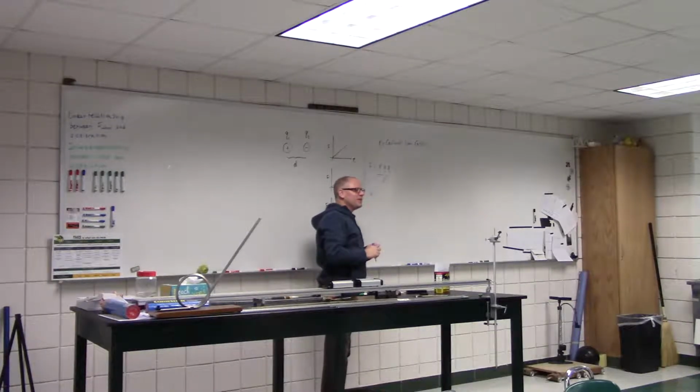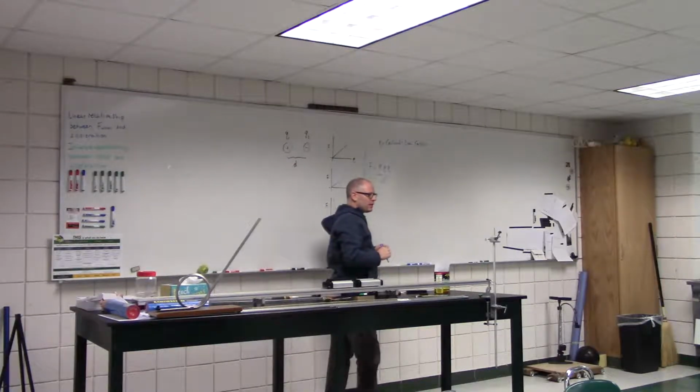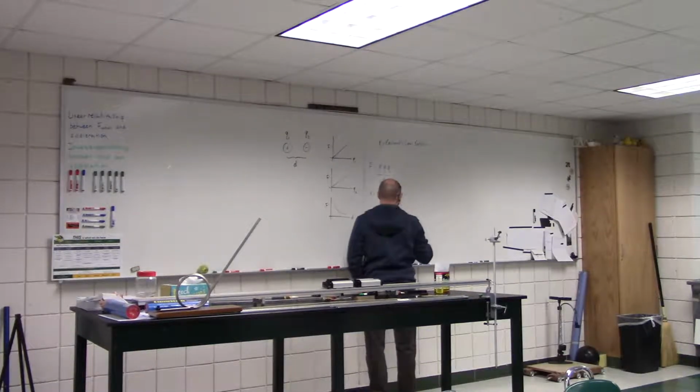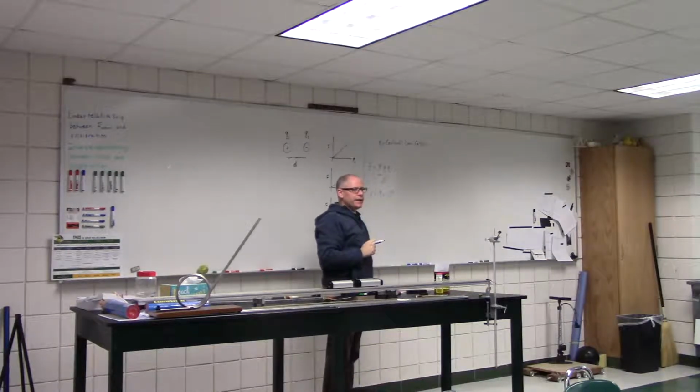Did you guys get a value? What's that? 9 times 10 to the 9? Anybody else get 9 times 10 to the 9? Okay. So this is Coulomb's law constant. This is another one of those fundamental constants of the universe.